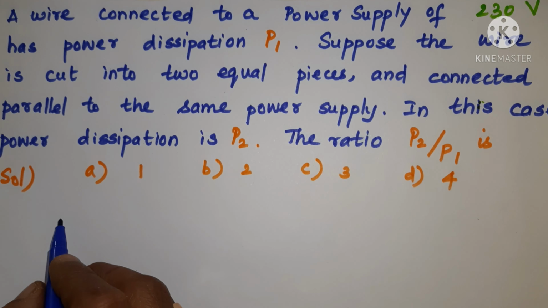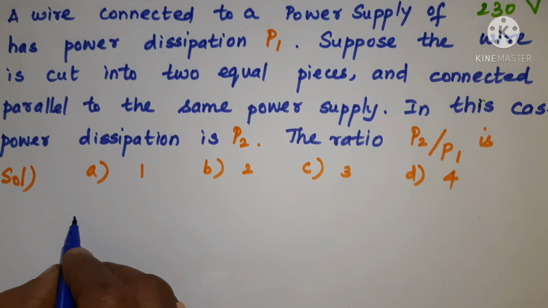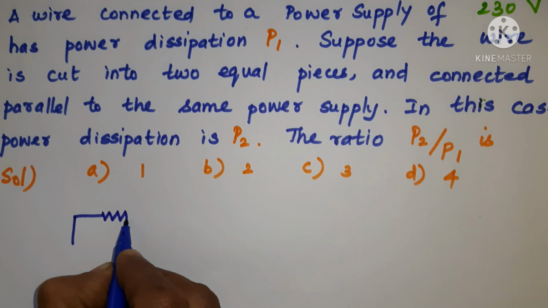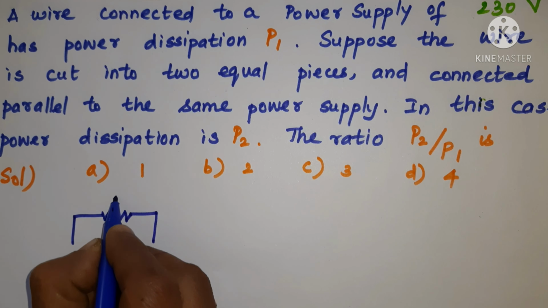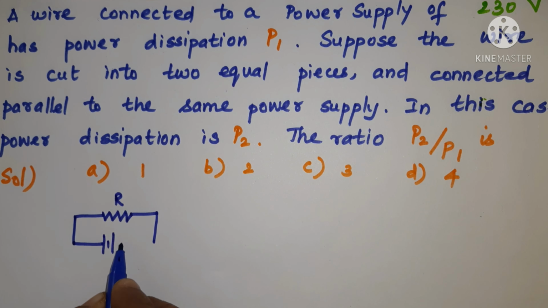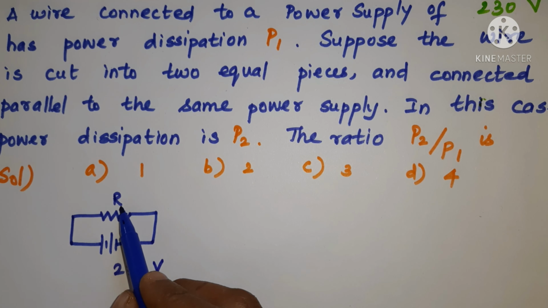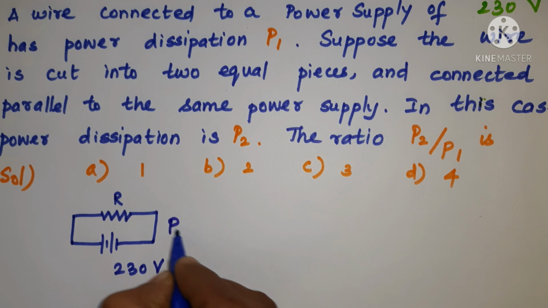The solution is, a wire is connected to the power supply. Let me have here the wire. Let me have the resistance of the wire to be R, connected to 230 volt. Now the power dissipation in this case to be P1.